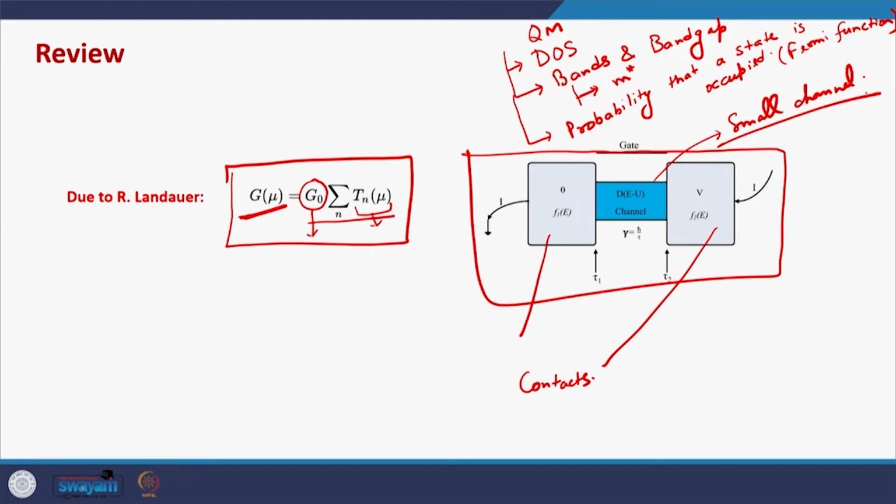The contacts are characterized by the Fermi functions of those contacts, and the channel is characterized by the density of states in the channel. Okay. The density of states is a function of energy. So, the allowed energy states depend on the energy at which we are interested.